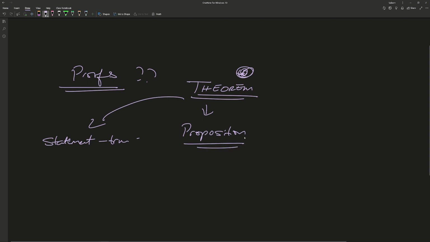To put it in a nutshell, a proposition is just a less important theorem, right? A theorem is something that is true. It is a fact. A proposition is not as important as a theorem, but we still need it, depending on what we are studying.